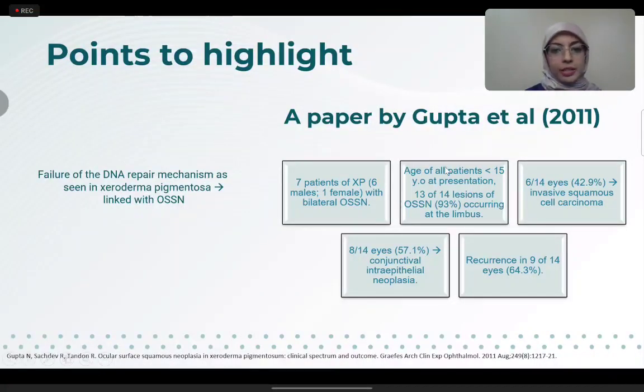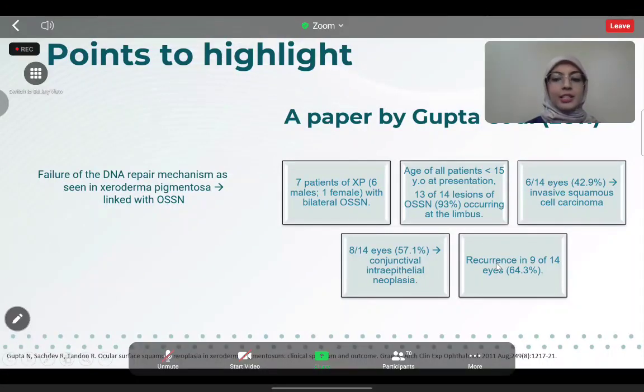Points to highlight: another paper by Gupta et al. presented 7 patients with XP, all presenting at a younger age, and showed that 93% had OSSN occurring at the limbus, with 43% showing invasive squamous cell carcinoma and recurrence in 64% of the patients.